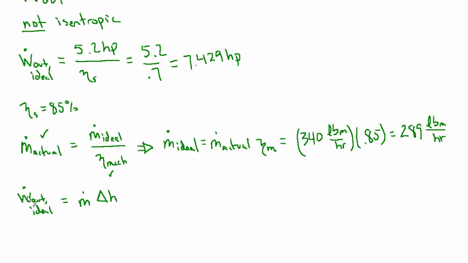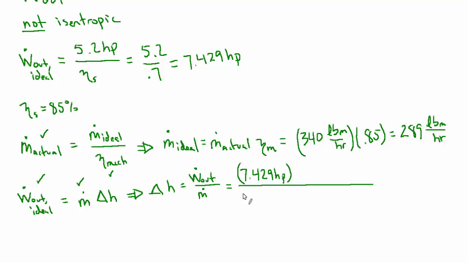Another way to think about this is like Q equals m Cp delta T. Delta H includes Cp delta T. It's all baked in because it's already per unit mass. Okay, so it's delta H we're looking for. We know the mass flow rate and we know the ideal power out. So the change in enthalpy then is W out over m dot, which is 7.429 horsepower, divided by the 289 pound mass per hour.